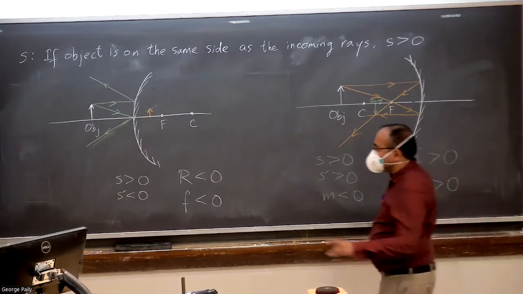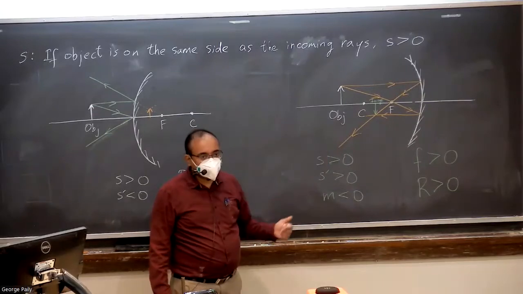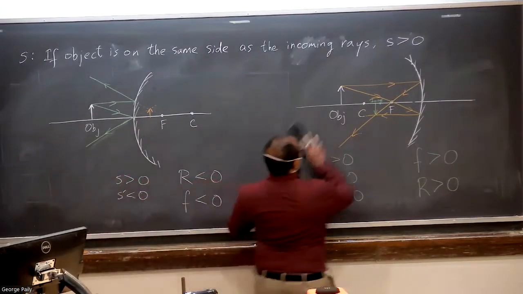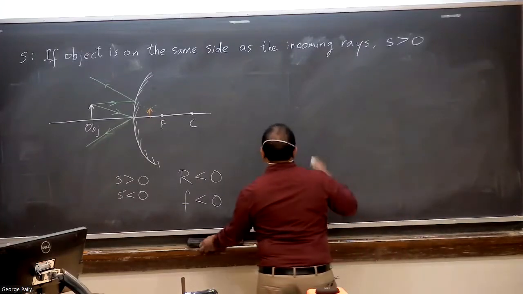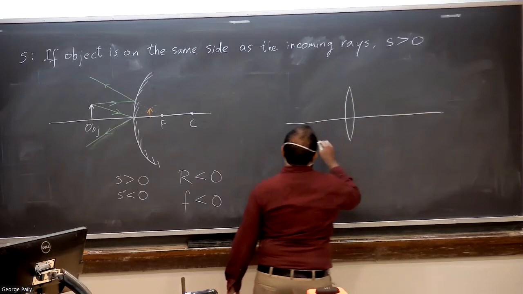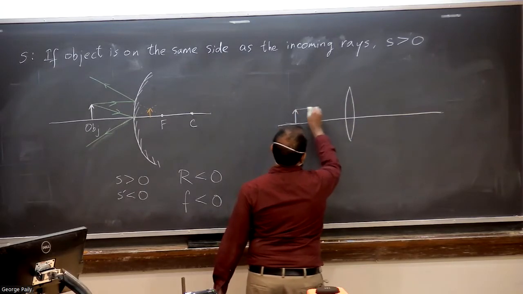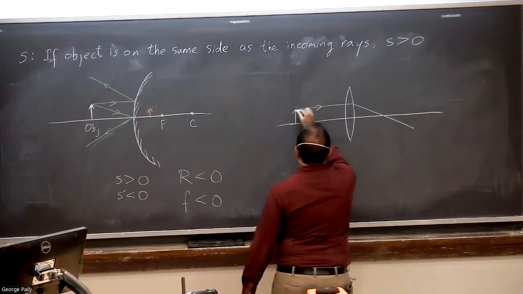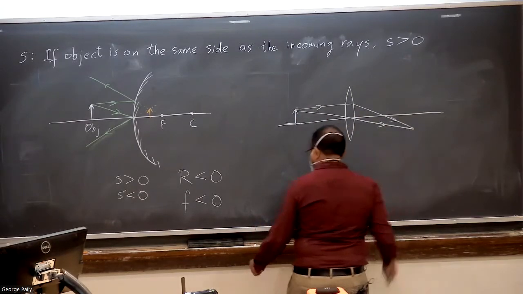The one way that you could arrange for it is if you have more than one optic element. So what you could do is you could have, say, a lens over here, and so then we know that this is going to create an image over here.